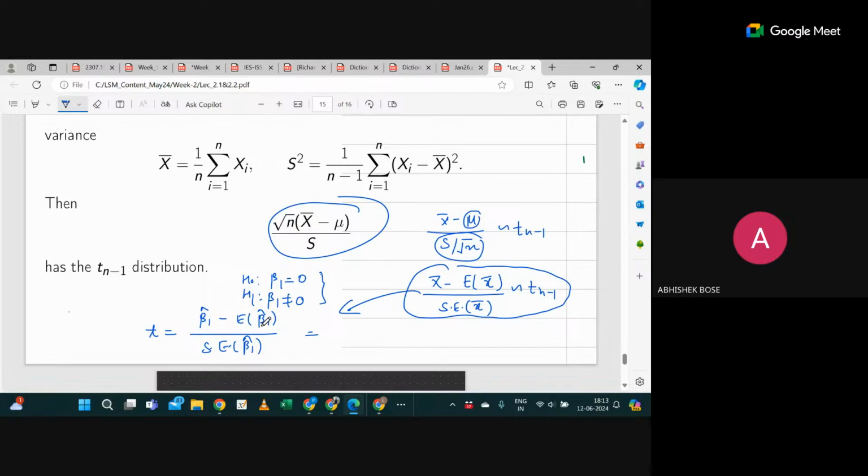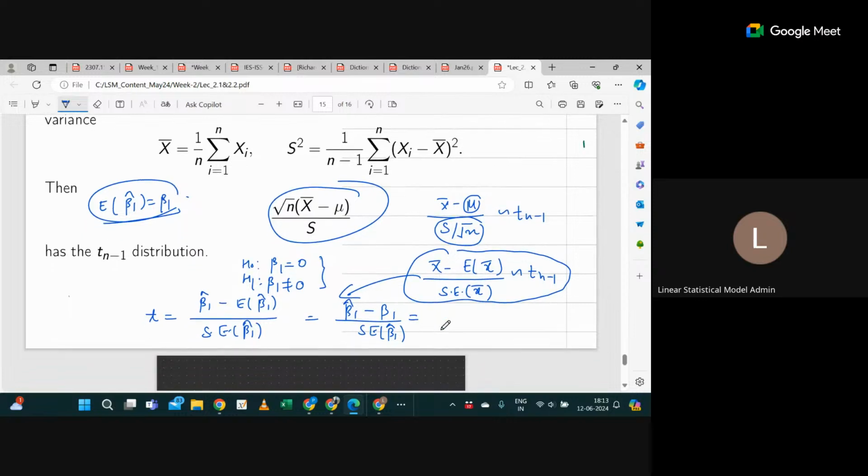It's an unbiased estimate. So it will be beta 1 hat minus beta 1 divided by the standard error of beta 1 hat. Under your null hypothesis, what should I write?